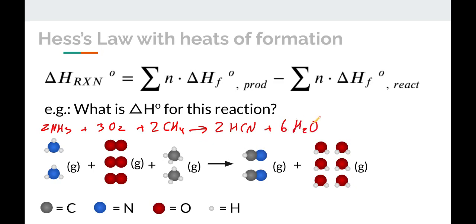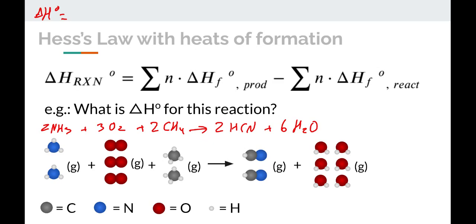And everything's in the gas phase, which would be important because if you're looking these up in these tables, phase matters. Okay, let's calculate the delta H. Again, you have to look things up to do this. I'm going to leave units off here because we know that the mole quantities are all going to be in moles and the enthalpies of formation are all going to be in kilojoules per mole. So when we multiply those together, it's always going to end up being kilojoules.